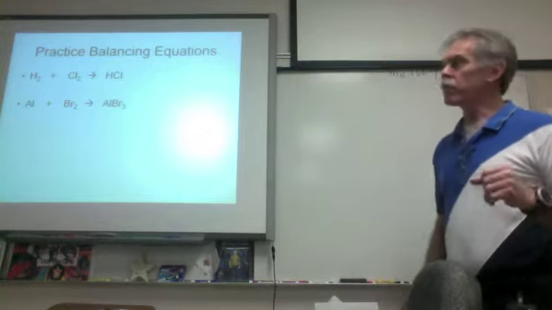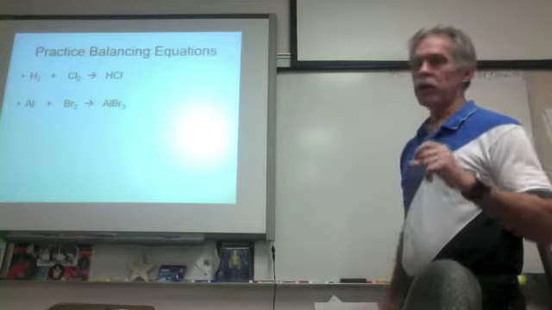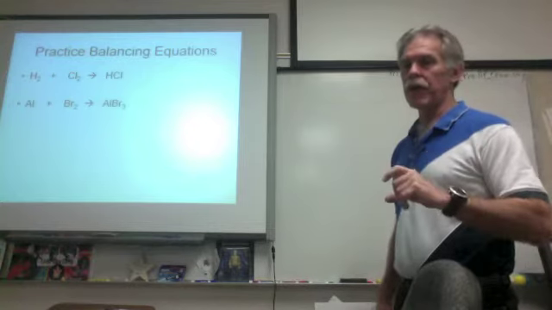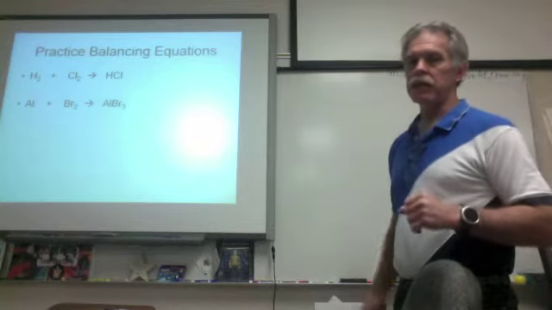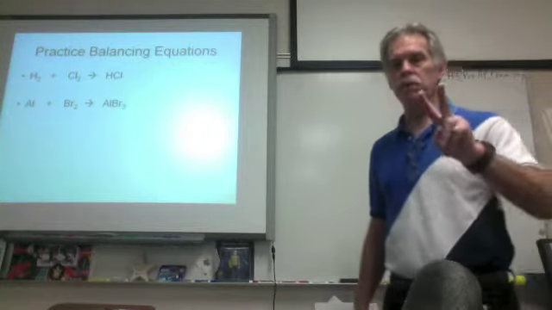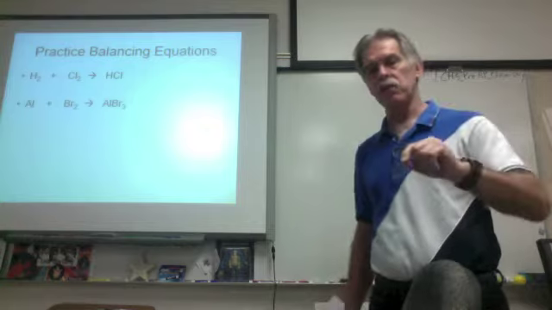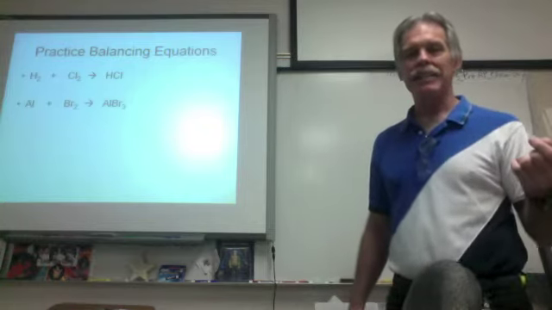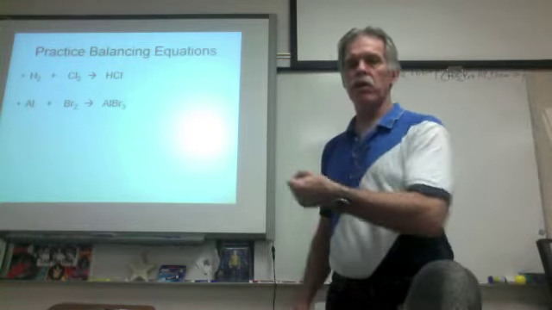So when you get finished with this, you should have a 2 on the first one in front of the HCl, and then it's balanced. It's that easy. The H2 and the Cl2, remember, those are both diatomic. That's why the little sub 2 is there. You can't keep the sub number when you go across the arrow.